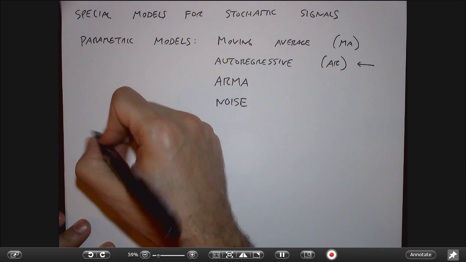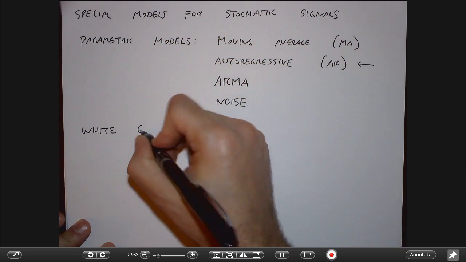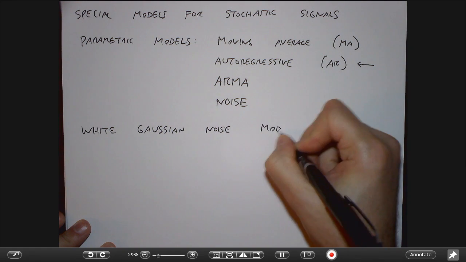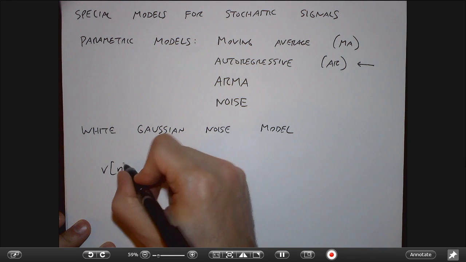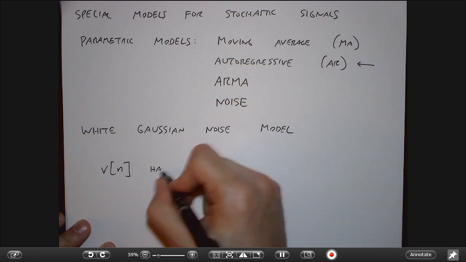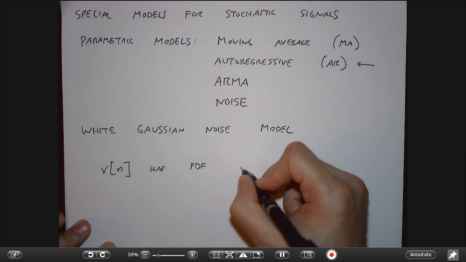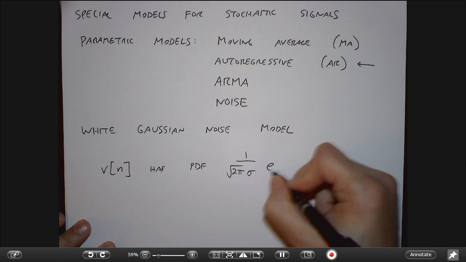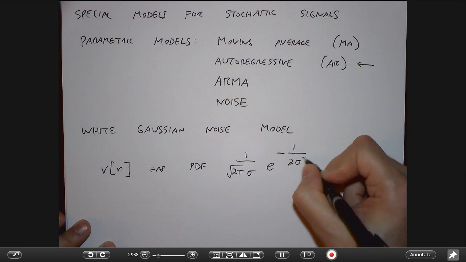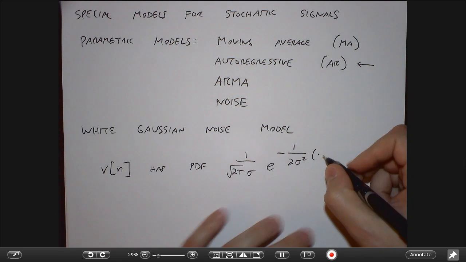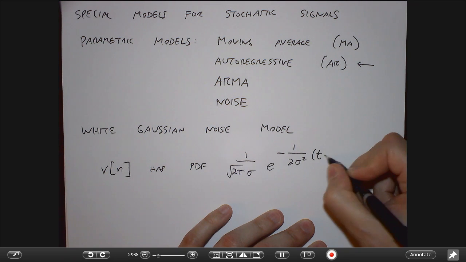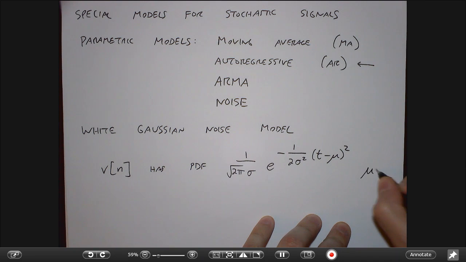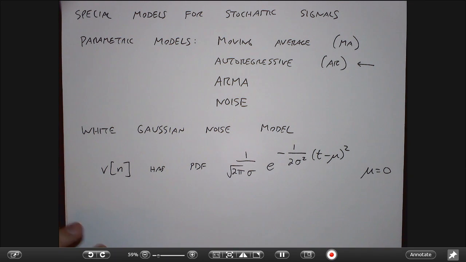So white Gaussian noise is something that you're probably familiar with from probability theory. What that says is that my signal value has a PDF that's given by this. And so basically white means that mu equals 0, right? So this is particularly easy.